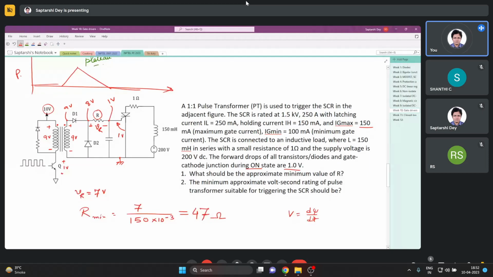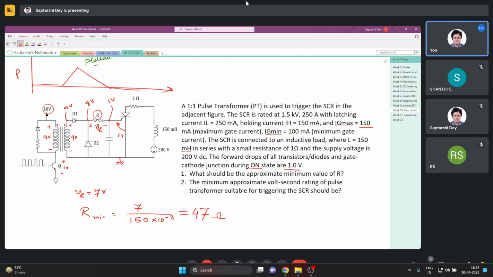Now try to understand what they want to know here. We already know that a 9 volt drop comes in the transformer primary. The volt is already known to us. We have to find out the second, that is how long we should keep Q on, keep the switch on.